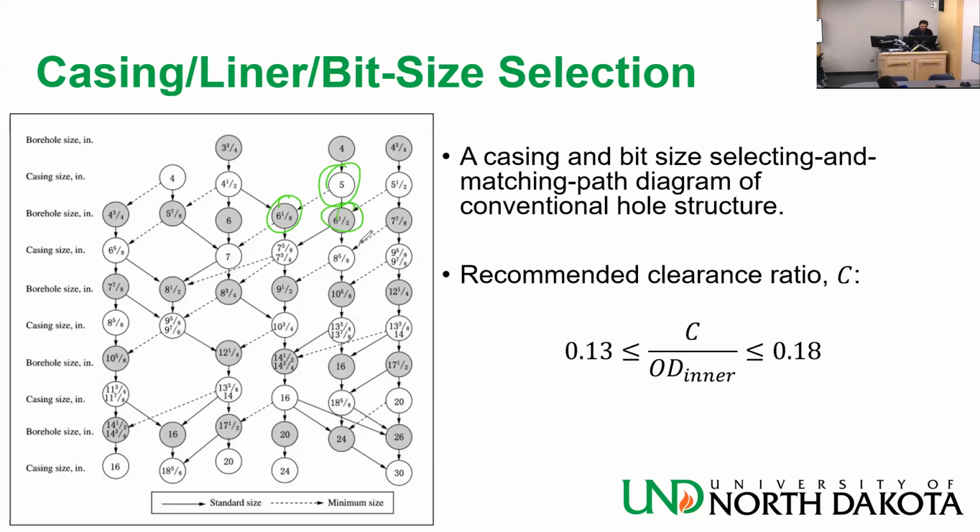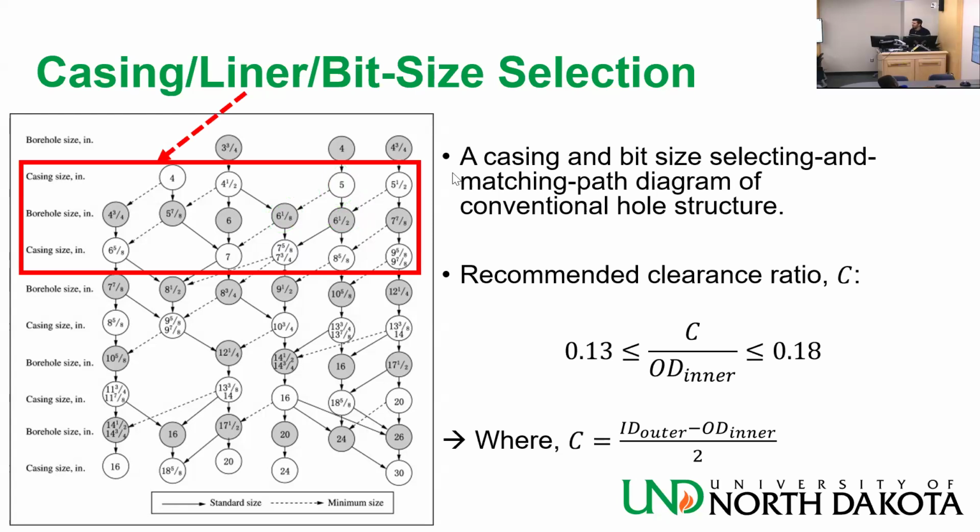Okay, and so on and so forth. And these are roughly the sizes that are available. Liners in general are these sizes here. This is not mandatory, it's a rule of thumb. It's practical. You use this ratio C as a clearance, which uses the inner diameter of the outer casing and the outer diameter of the inner casing.